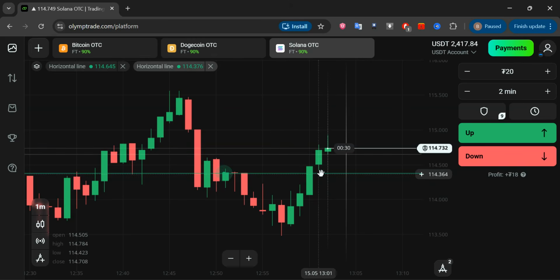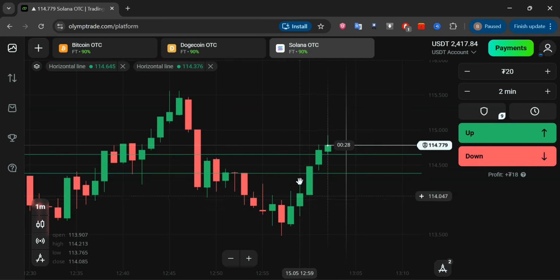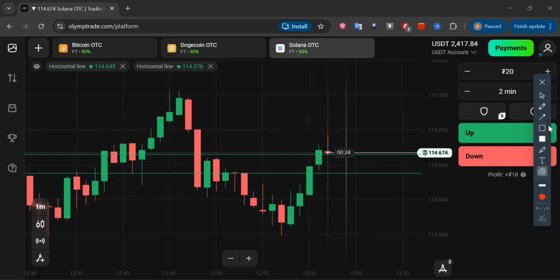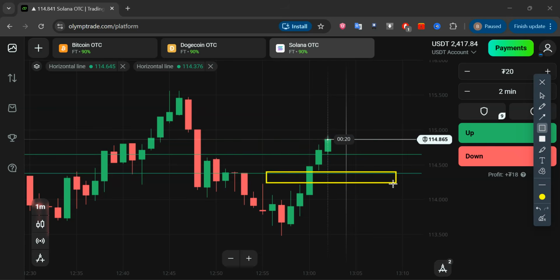So we've left a gap here, so we might get some retracement to this gap. Let me show you. Also understand that gaps act as levels of support and resistance. So this gap, we can get a retracement to this gap before we can continue moving up.